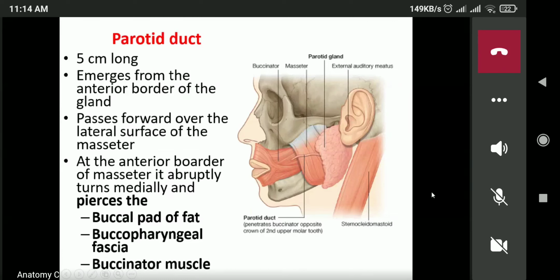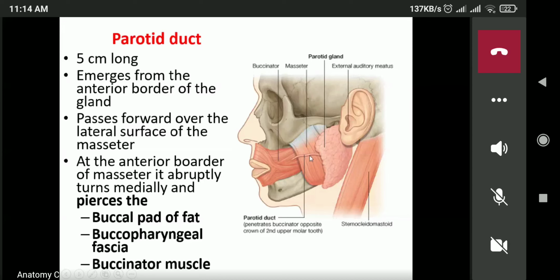This parotid duct is 5 centimeters long and emerges from the anterior border of the gland. So here we can appreciate the anterior border of the parotid gland. Emerging from here, it is 5 centimeters in length and passes forward over the lateral surface of the masseter, so we can appreciate the masseter muscle here.